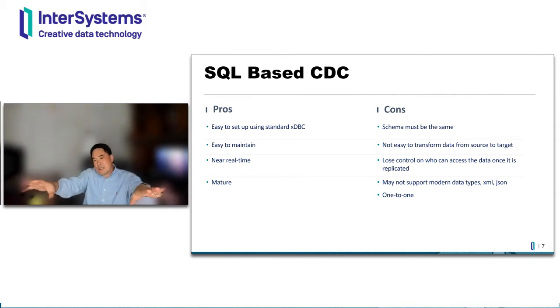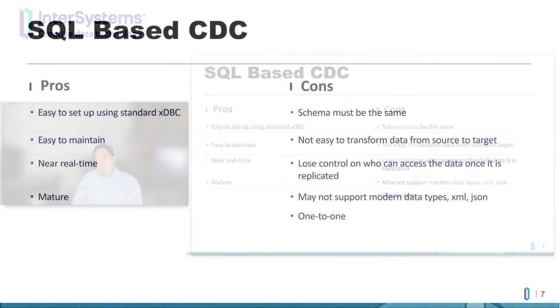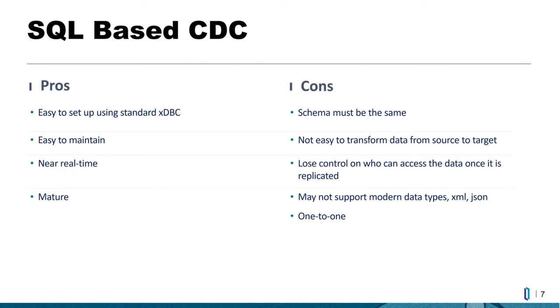You must be the same. And typically, you don't do a transformation for these SQL-based CDCs because it's basically the same SQL statement. Whatever you apply to this guy, you want to apply to the other guy. So you typically don't do these transformations.